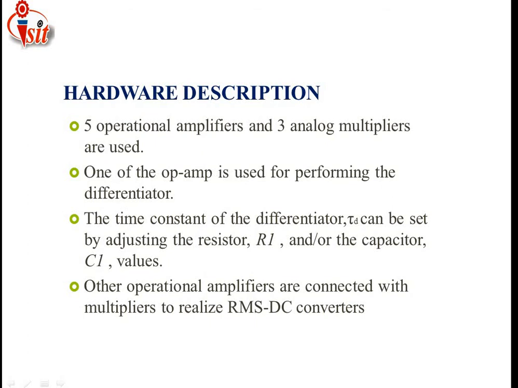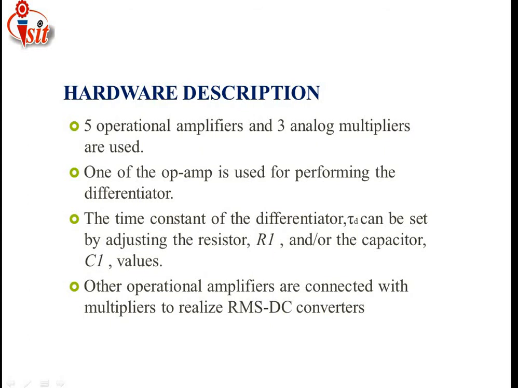Here at the initial level we are taking the differentiator, so every explanation relates only to the differentiator. If we were taking the integrator circuit, then each explanation would relate to the integrator. The time constant of the differentiator, tau d, can be set by adjusting the resistor R1 and or the capacitor C1 value.